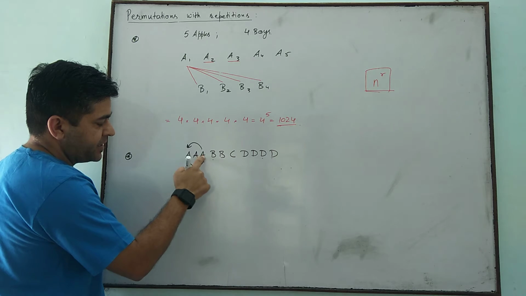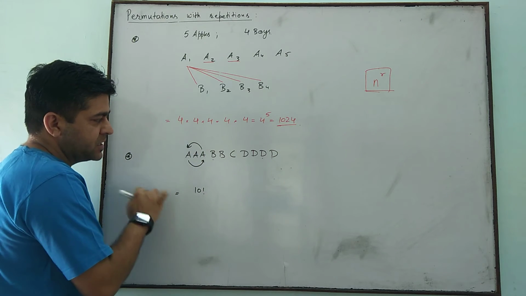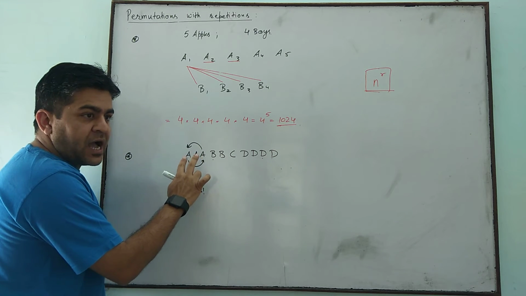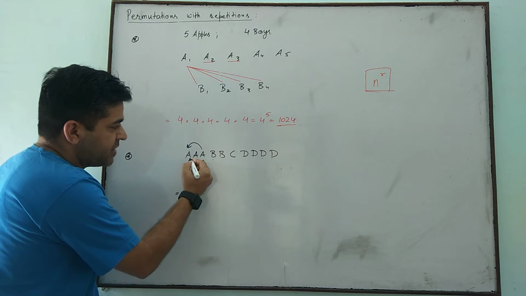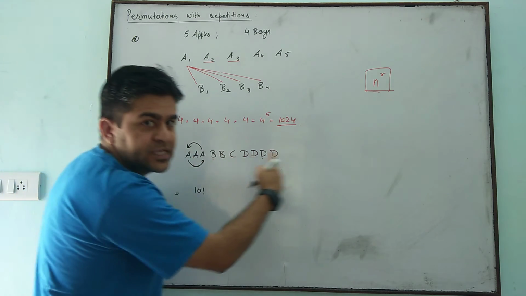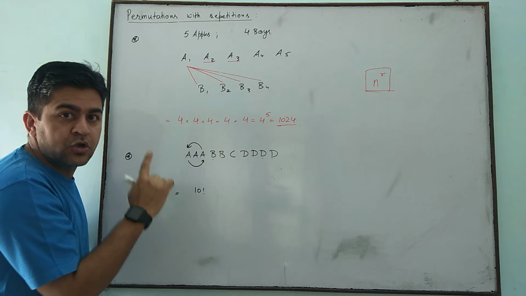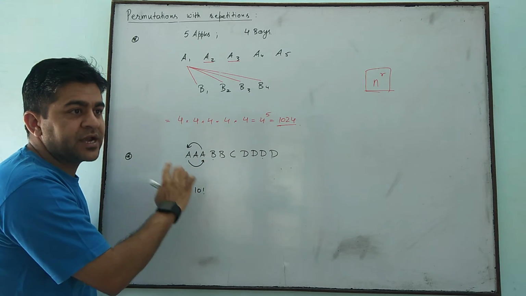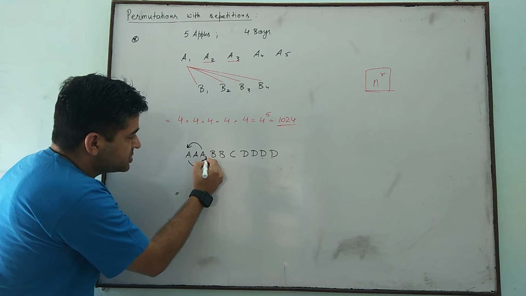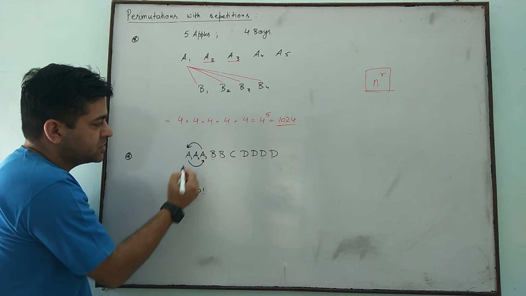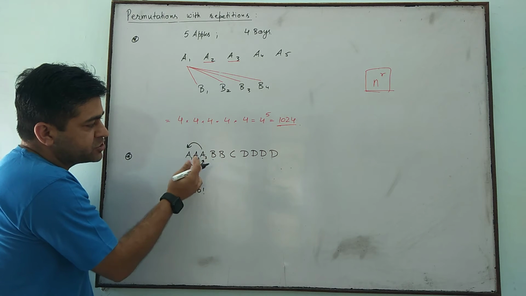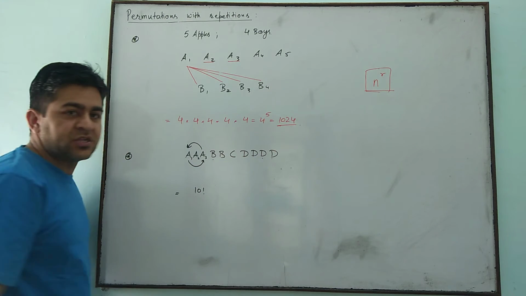If these A's are not identical, suppose this is A1, A2, A3, then the arrangement is changed. If these are interchanged, then the arrangement is different.